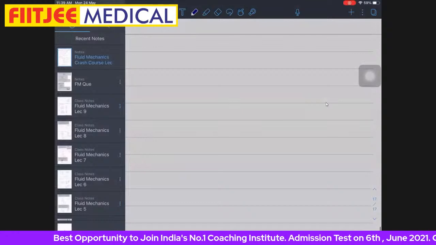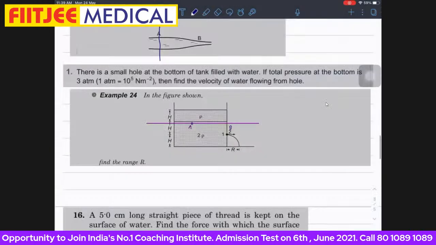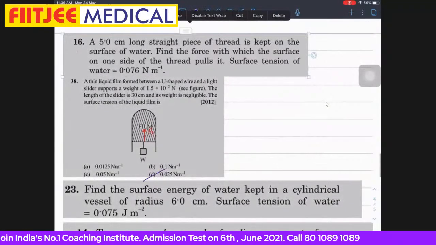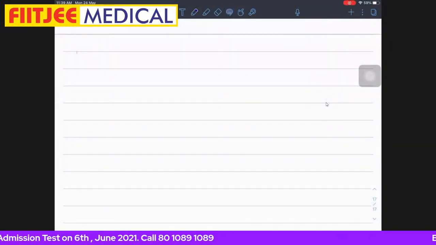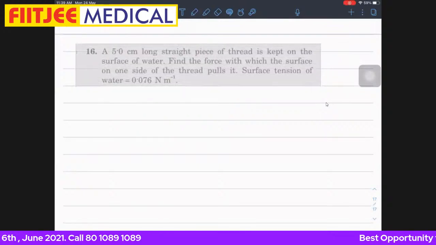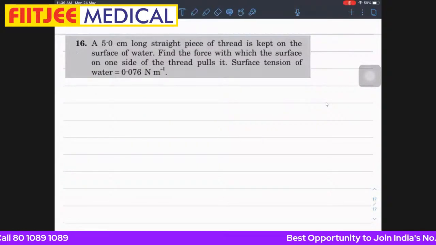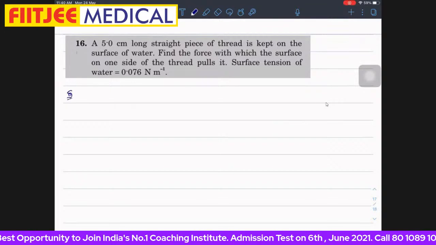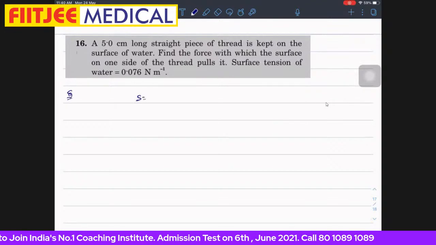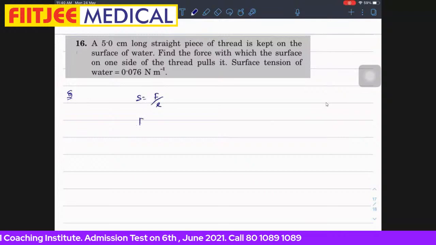I'll take one example to explain this. We are given a 5 centimeter long straight piece of thread kept on the surface of water. Find the force with which one side of the thread will pull it. Surface tension I know is force by length, so force is surface tension into length.